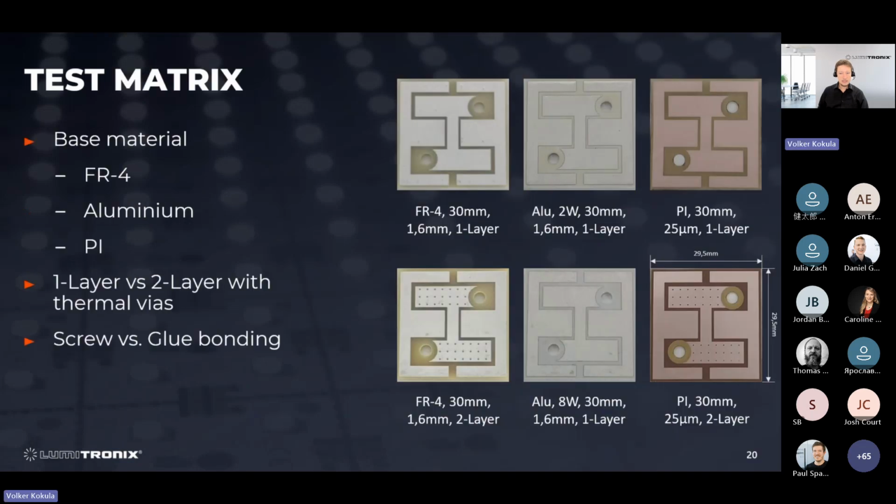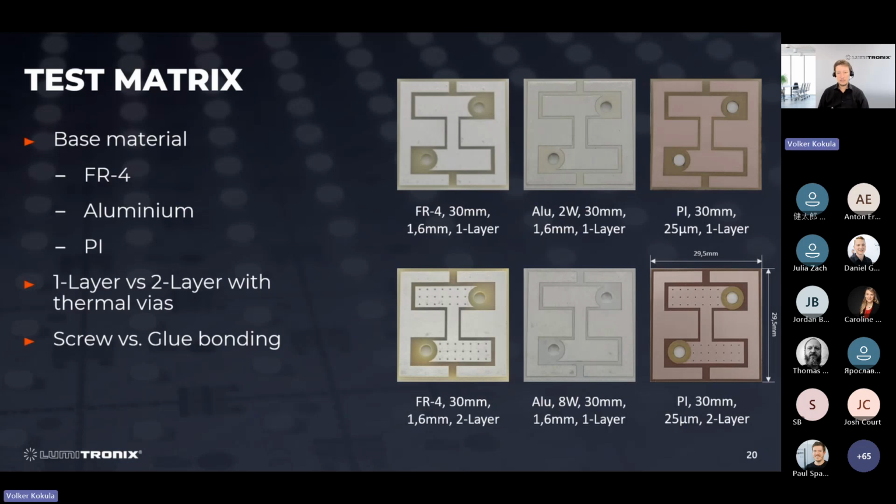The test matrix we have come up with will compare different kinds of base materials. So we will look at FR4, which is more of a default for many PCB applications. We'll use aluminium PCBs, and we will also look at flexible PCBs using PI as base material.